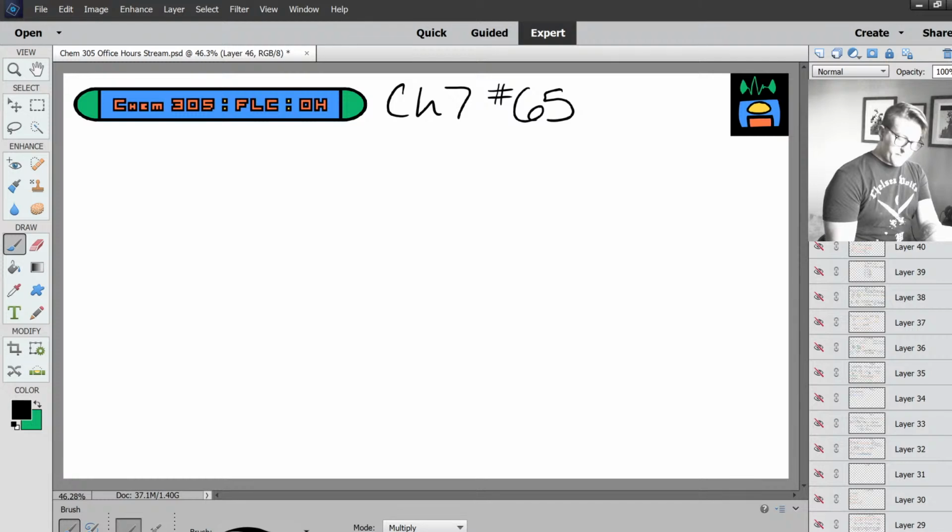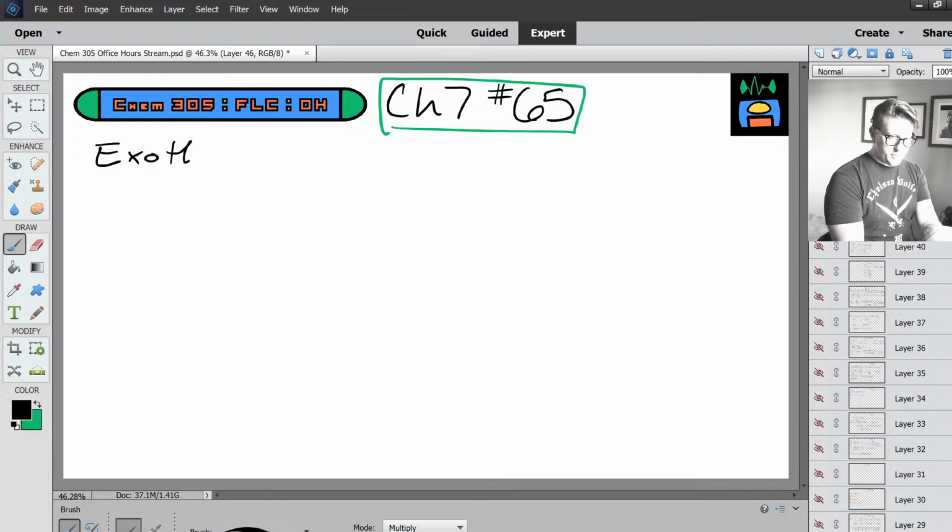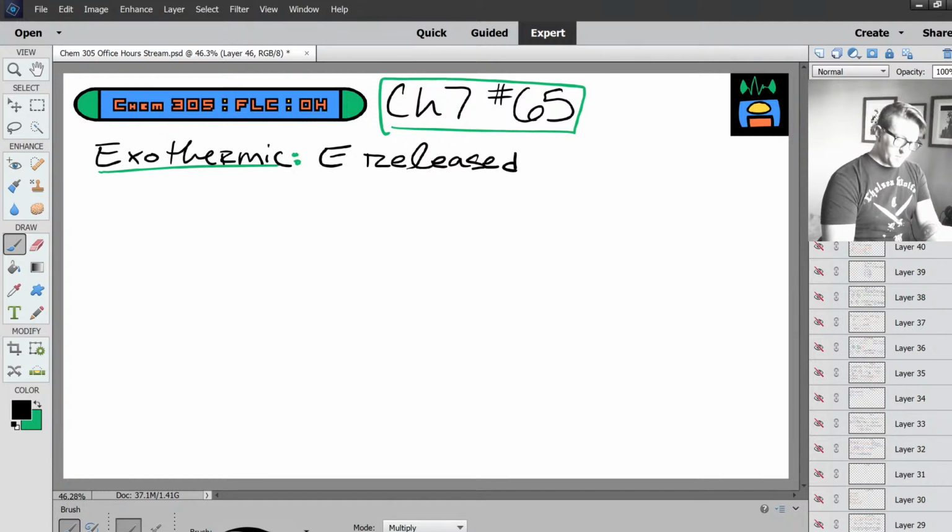Okay, so exothermic means that energy is released. In other words, you move from high to low.